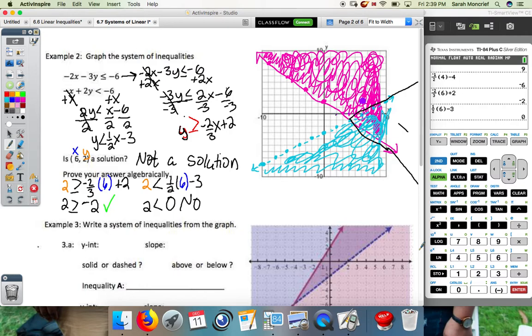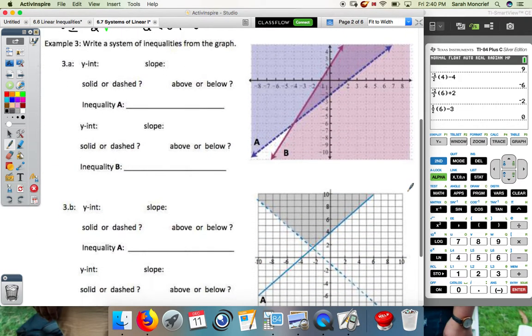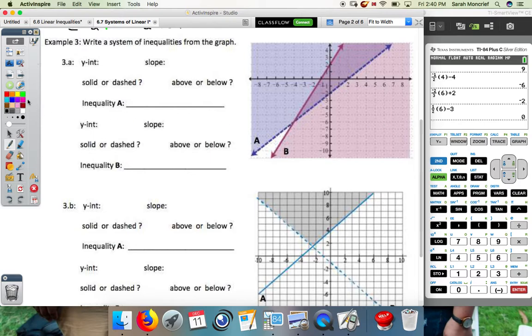We're just looking for clarity. So make sure you do the graph on the paper and then you just send us a picture of it. Email, Schoology message. Your teacher will probably send you more information on how she wants that. But other than that, make sure you're sending a picture of the graph and label them 1, 2, 3, 4, whatever number they are. All right, so now let's get to writing a system of inequalities.